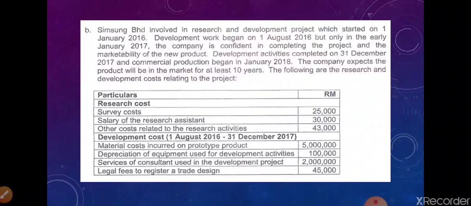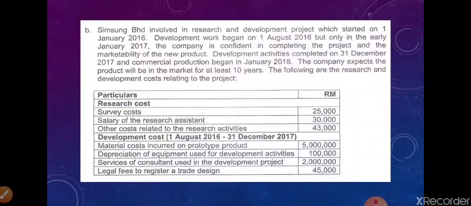So the particulars you have there is research costs, survey costs, salary of the research assistant, the costs related to the research activities. Right, so development costs actually started on 1st August 2016.